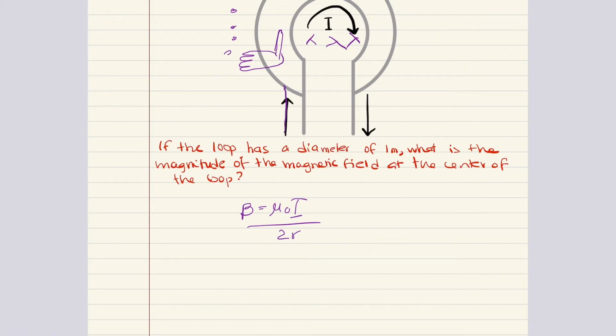It's equal to 4 pi times 10 to the minus 7 Tesla times meter per ampere. And then we're going to multiply this by the current, which we're given as 0.25 ampere. And then this is going to be divided by 2 times the radius. Now we're given the diameter. The diameter is 1 meter. The radius is half of the diameter, so 0.5 meters.